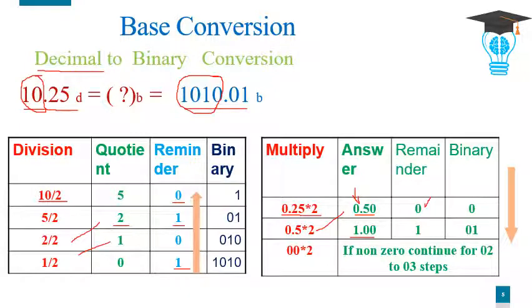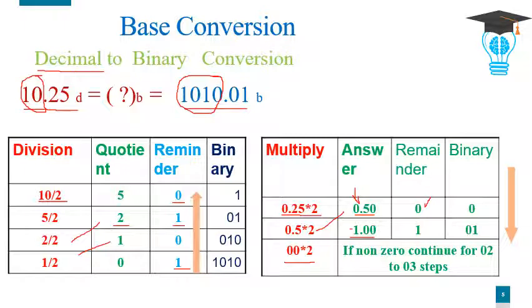I will get 1.00. So my remainder will be 1. Next, 00 is the next answer. I cannot continue. So now I am writing it in a bottom up approach.